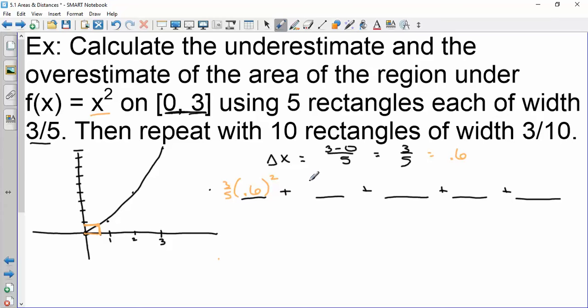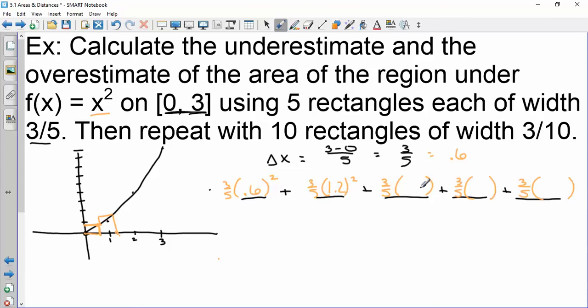Okay, the next one. The width every time is 3/5. If I add another 3/5, what's my x value? So I'm essentially adding 0.6 each time. So I was at 0.6 to begin with, now I'm at 1.2 squared. Every one of these has the 3/5 because they all have the same width.